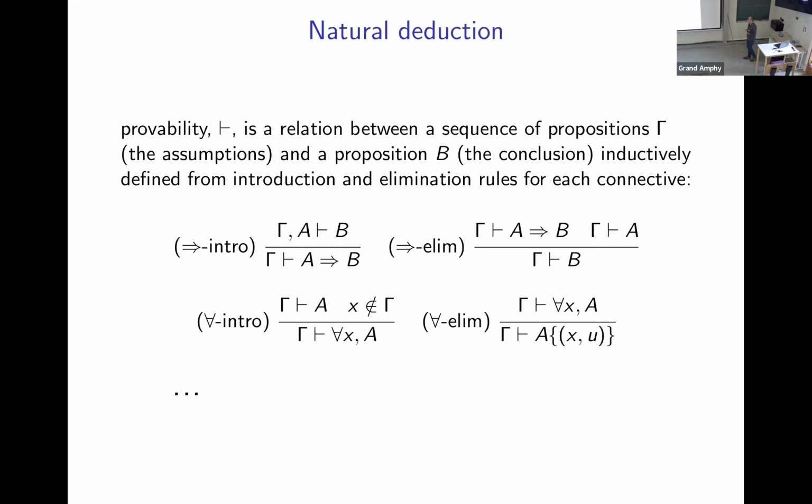Okay. And so how is provability defined? I guess most of you know this very well. So natural deduction is a relation that is defined inductively, where you have an environment with a set of assumptions, so a set of propositions that are your assumptions, and then the conclusion.